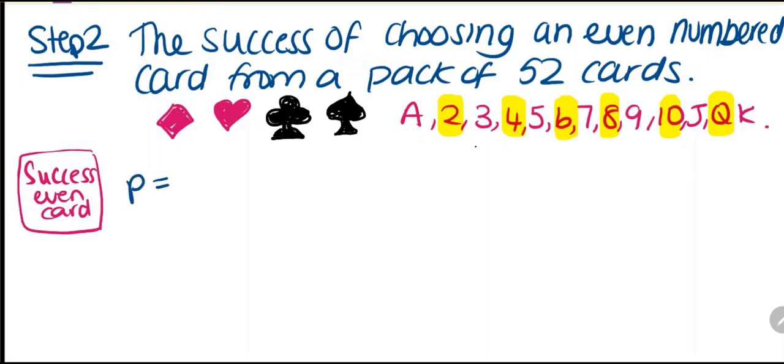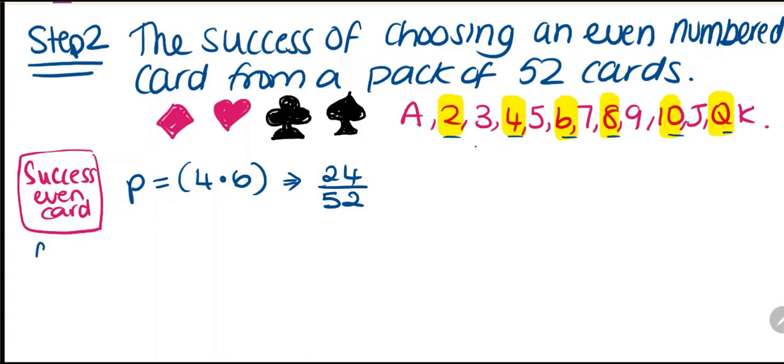So p is going to be equal to, now we've got 4 different suits: diamonds, hearts, clubs, and spades. So this is going to be 4 multiplied by 1, 2, 3, 4, 5, 6. So it's going to be 24 out of 52. We could simplify this further, but we're just going to leave it as 24 out of 52 for a moment.